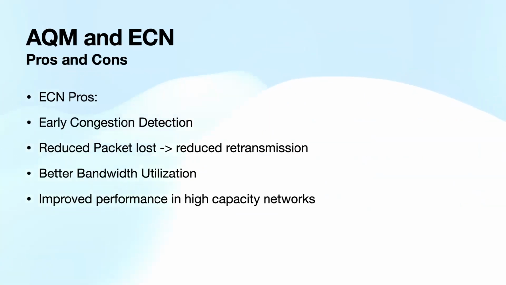ECN allows network devices like routers and switches to notify the sender of congestion before packet loss occurs. In traditional TCP, congestion is typically detected after packet loss has occurred, which is a more reactive approach. ECN provides a more proactive method by signaling congestion early. Reduced packet loss: since ECN enables early detection of congestion, it can help reduce packet loss.